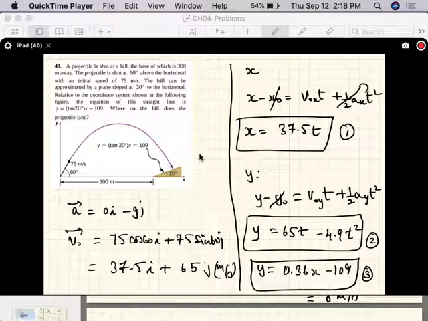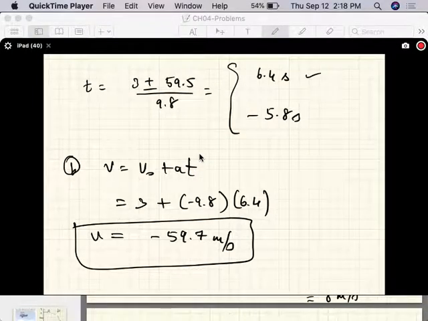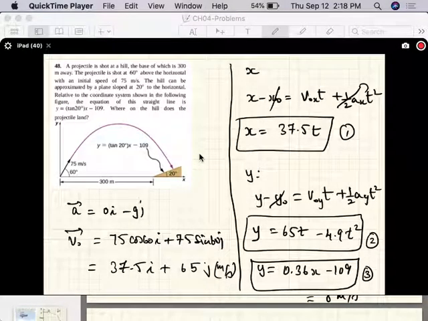Now you have three equations and three unknowns, and you should be able to solve for that. Essentially, we have to find x and y, so we have to solve for t. Here's how we're going to solve for t. We're going to substitute this for x and that for y.